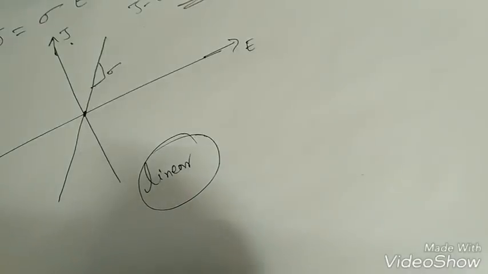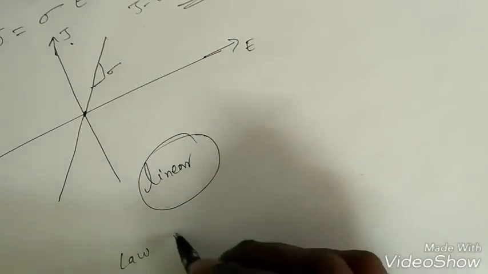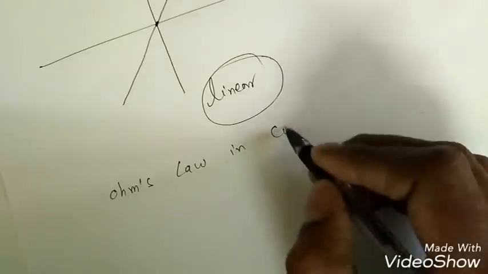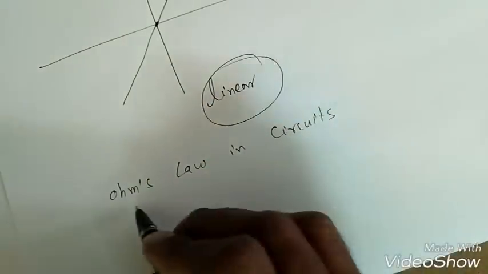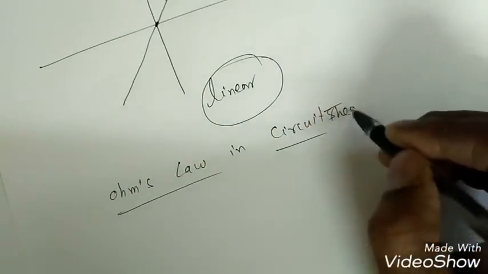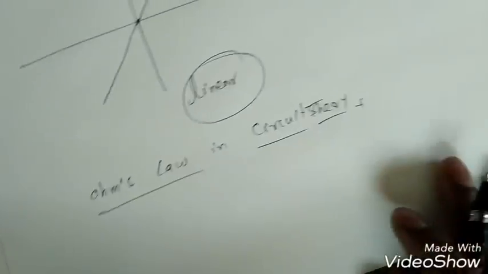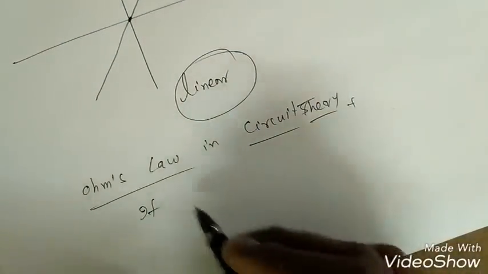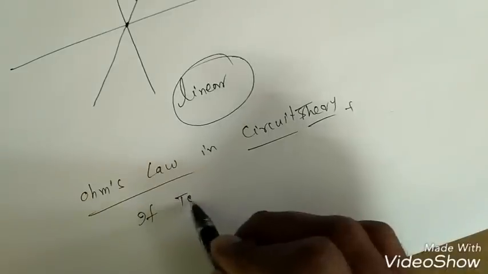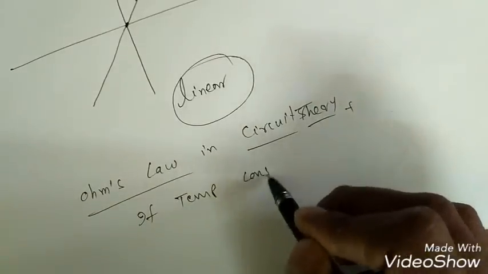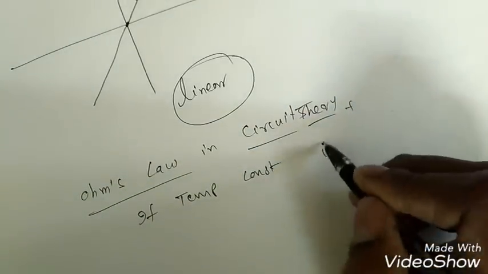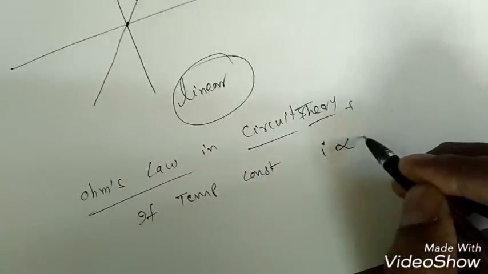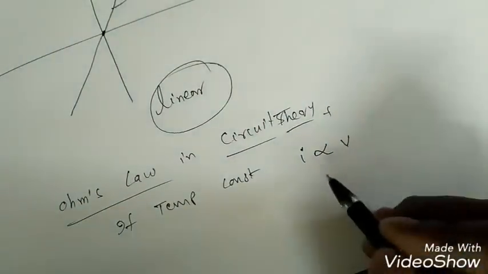Now what is Ohm's law in circuit theory form? We have to remember this one, as many people have different concepts. If the temperature is constant, the current is directly proportional to the applied voltage, right?